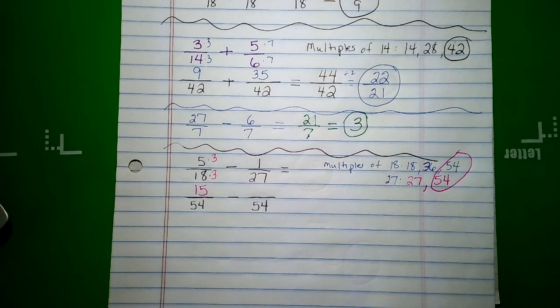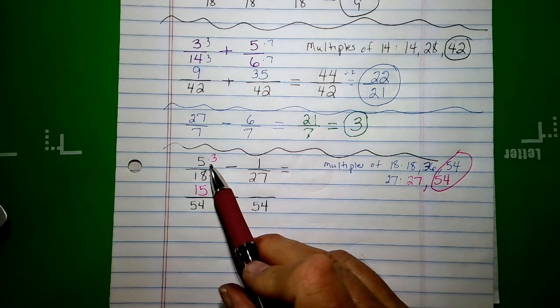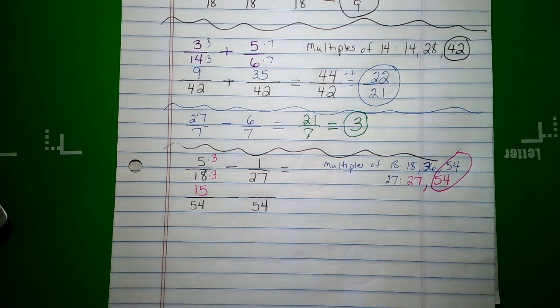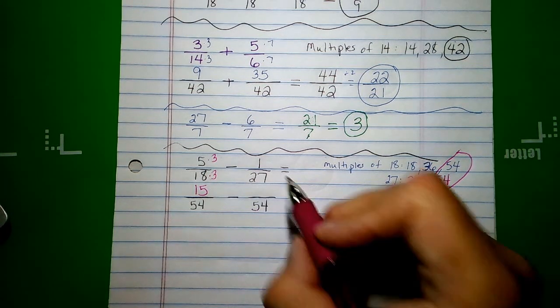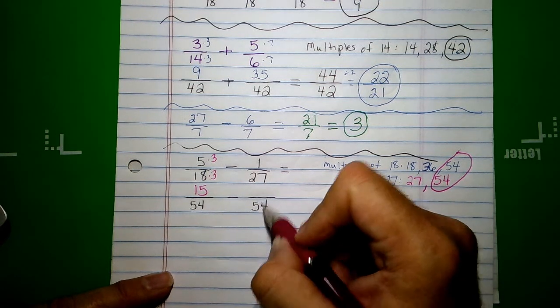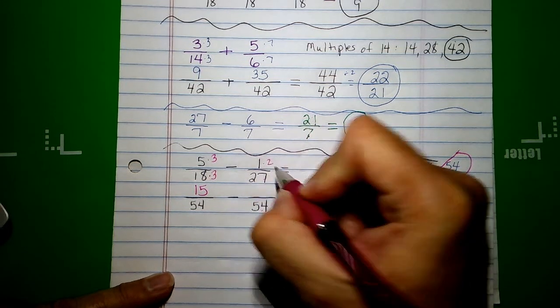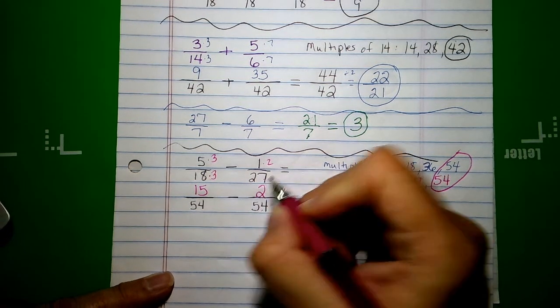Notice in algebra, we usually use a little dot for multiplication instead of an X, because we'll be using X's for variables in algebra. Now, what do I have to multiply 27 by to get 54? Well, a 2. 27 goes into 54 2 times. 1 times 2 is 2.